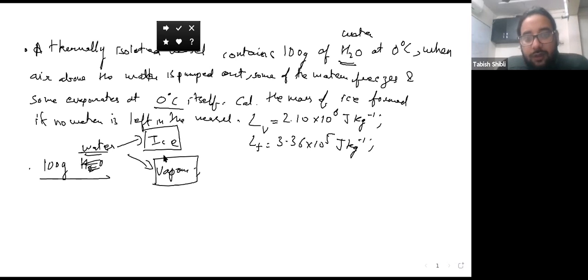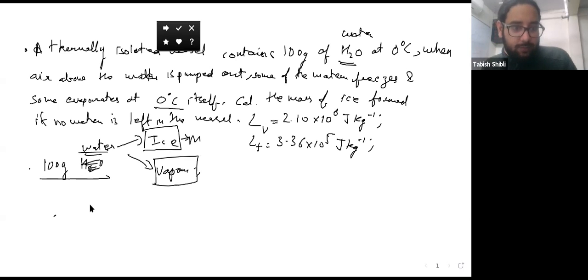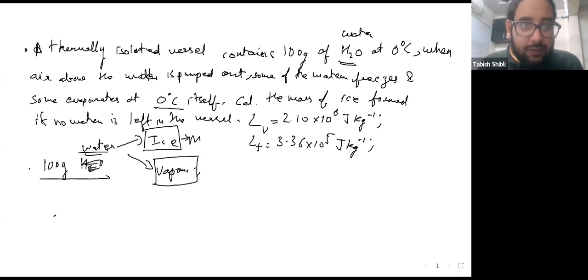So what do you need to calculate the ice formed? Let's say m is the amount of ice that is formed in the end.